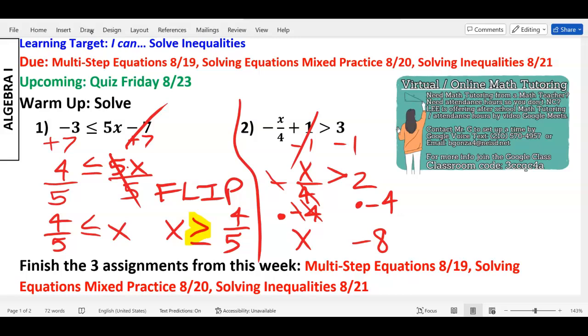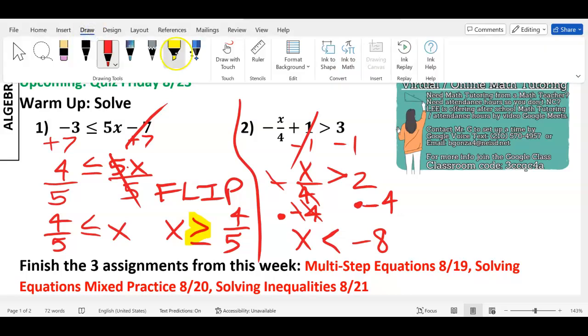Is it less or greater? So it doesn't change? So look, this is greater, right? But we just multiplied by a negative. Less than, okay? So why do we flip it? Because we multiplied by a negative.